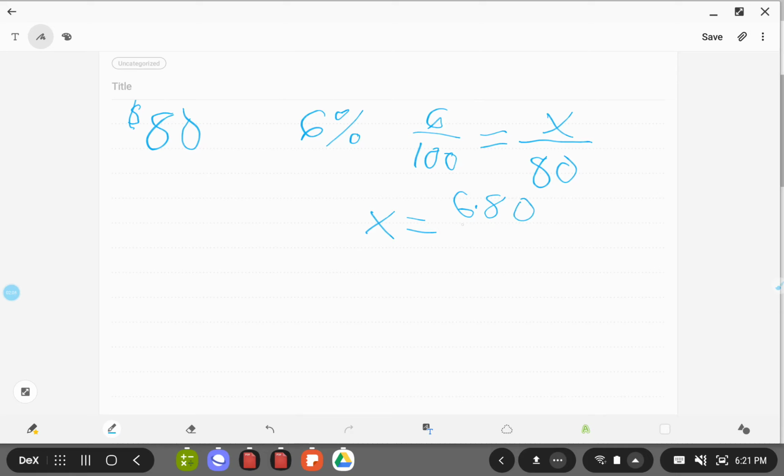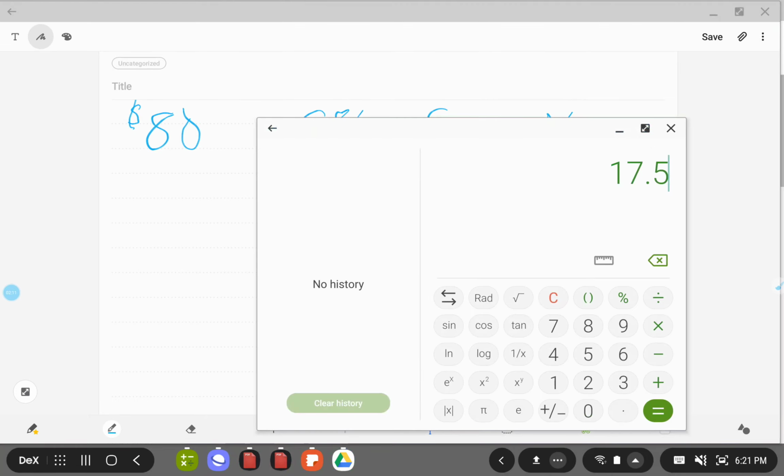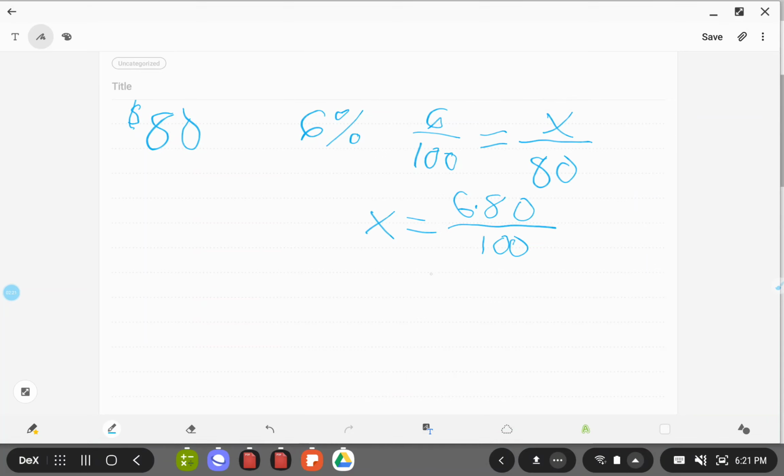And then I divide the other piece that's left over, which is the 100. And that will give me my final answer. So 6 times 80 divided by 100. And that gives me 4.8. So in this case, my sales tax would be $4.80, because remember we're talking about money. So 4.8 would be $4.80.